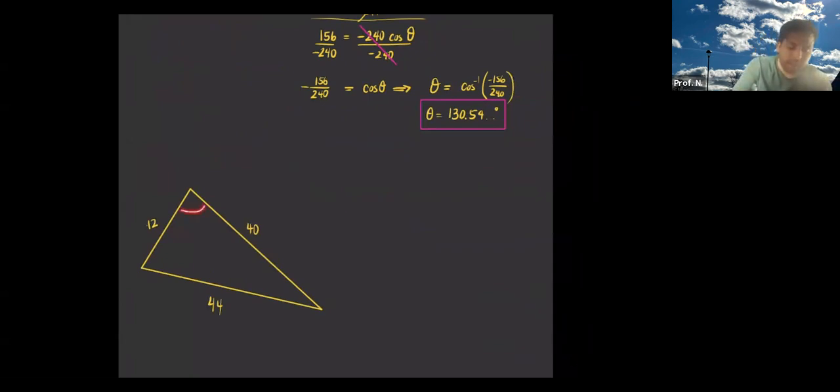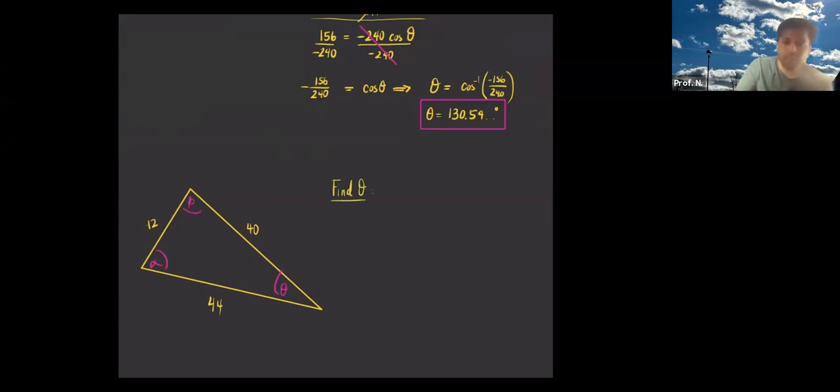Angle theta, I can figure out any of these angles with law of cosines. I can figure out all of them. I just have to set it up correctly. So for example, if I want to find this angle here, call this theta, I'm going to call this alpha, I'm going to call this beta, okay? So how do I find theta? Law of cosines.